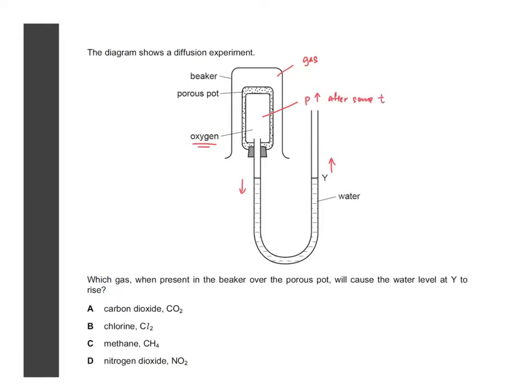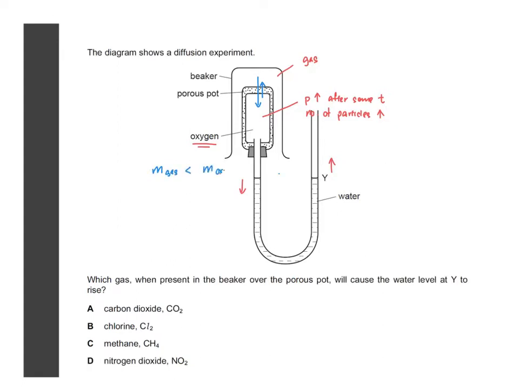For the pressure to increase, the number of gas particles inside the pot must increase after some time. And for that to happen, the gas outside must diffuse in faster than the gas inside diffusing out. So for that to happen, the mass of the gas outside must be smaller than the mass of oxygen.